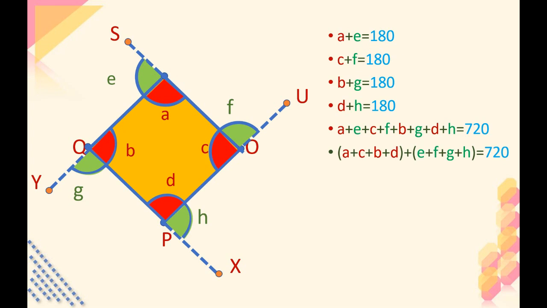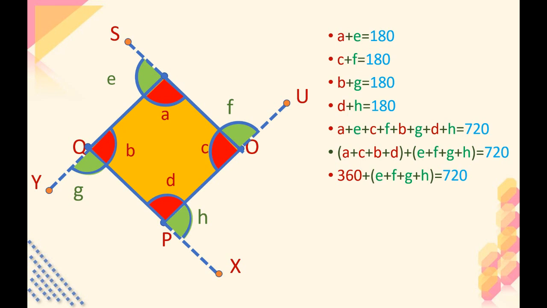The measure of the interior angles plus the measure of the exterior angles is equal to 720 degrees. We have known earlier that the sum of the interior angles of a quadrilateral is 2 multiplied by 180 degrees. So it means we can substitute 360 degrees for the sum of the interior angles.